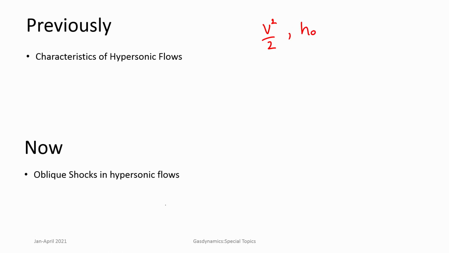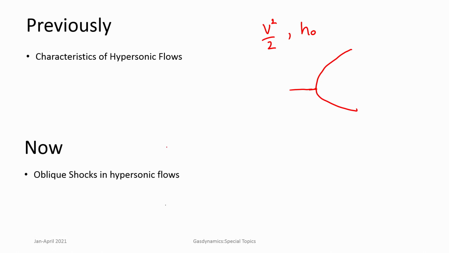Therefore, whenever there are changes in velocity, it produces large changes in temperature also. So, near stagnation points of bodies, very high temperatures are encountered. High temperature effects are important in hypersonic flow.